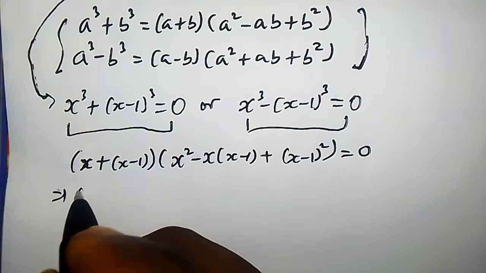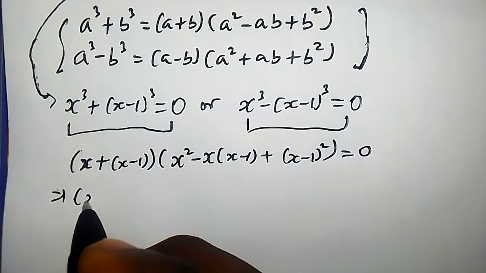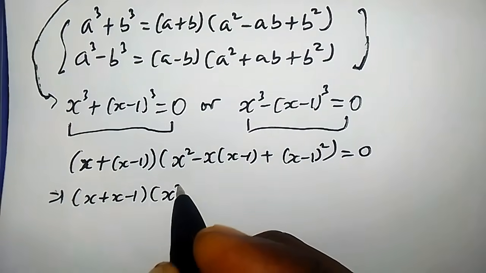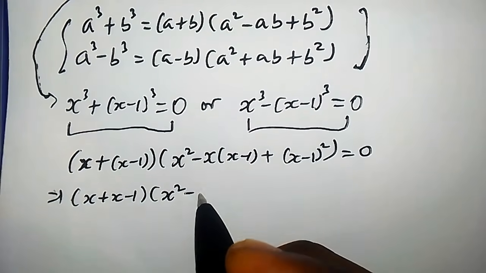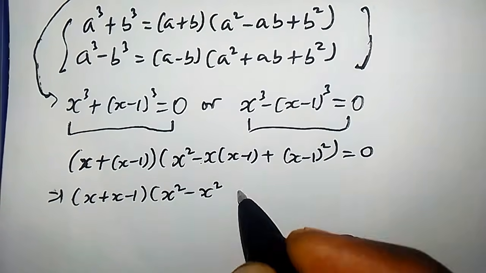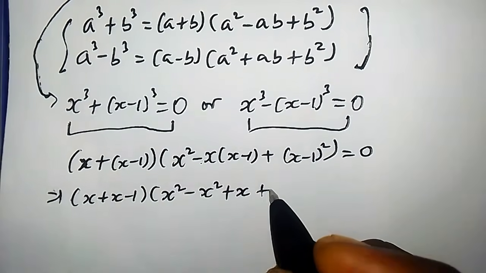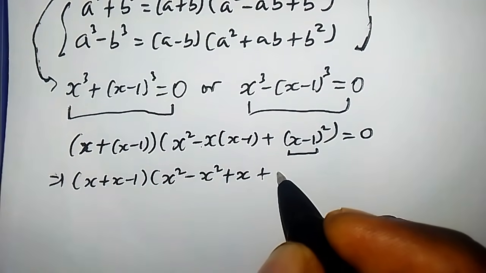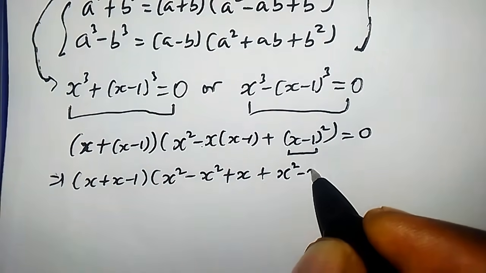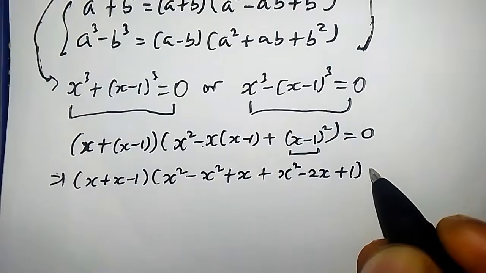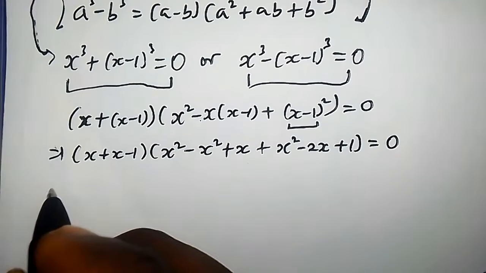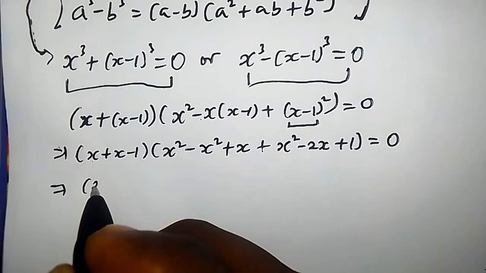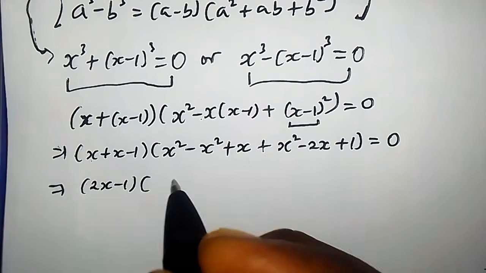This implies that dropping this bracket, we have (x plus x minus 1) times (x square minus x square plus x plus, if you expand (x minus 1) all square very well, you're going to have x square minus 2x plus 1) equal to 0.